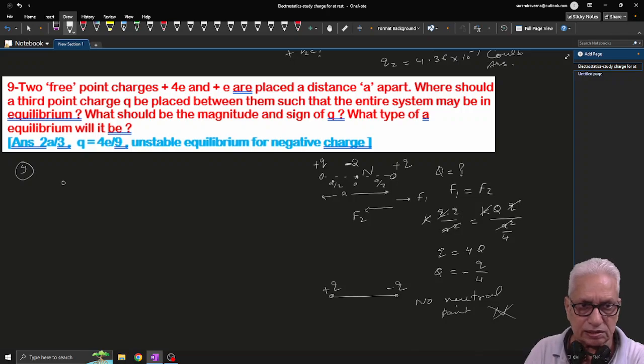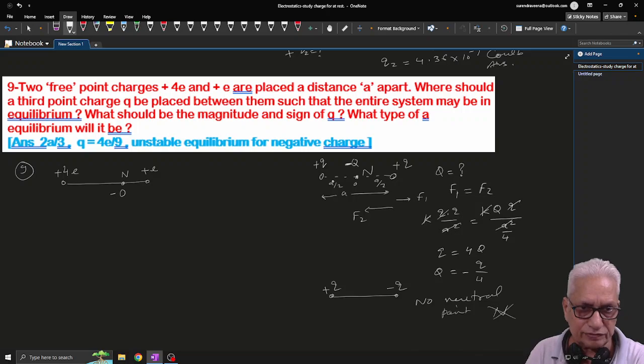Say this is the charge 4e and this is the charge plus e. If both are of the same nature, the neutral point must be in between on the line joining them, and the neutral point is closer to the smaller charge, so the neutral point comes somewhere here.